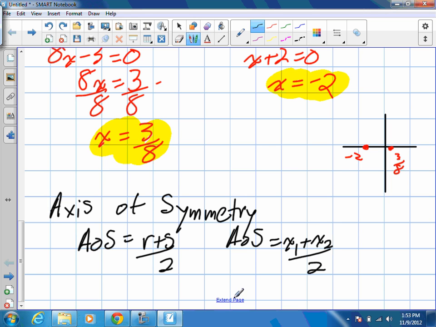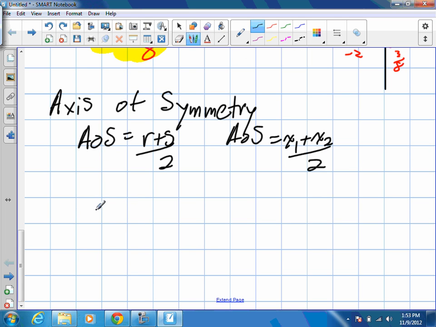So for our axis of symmetry, we have negative 2 plus, as a decimal, 0.37, divided by 2. That will give us what?